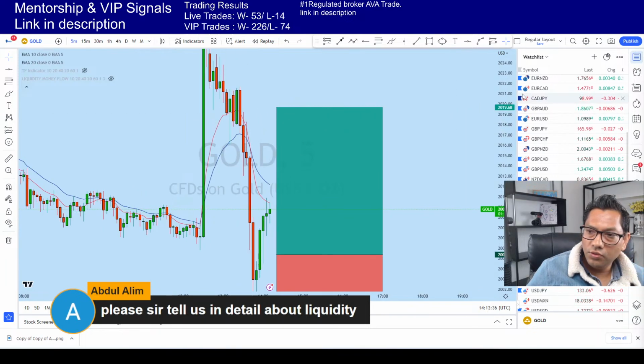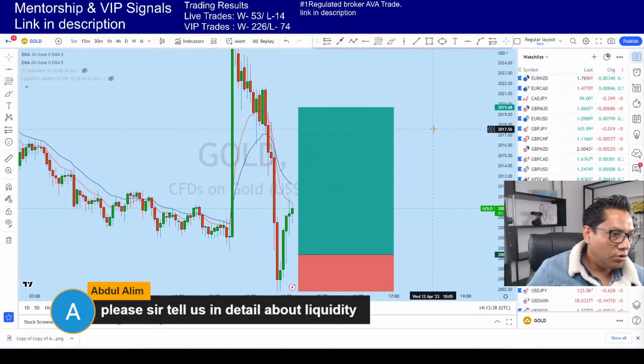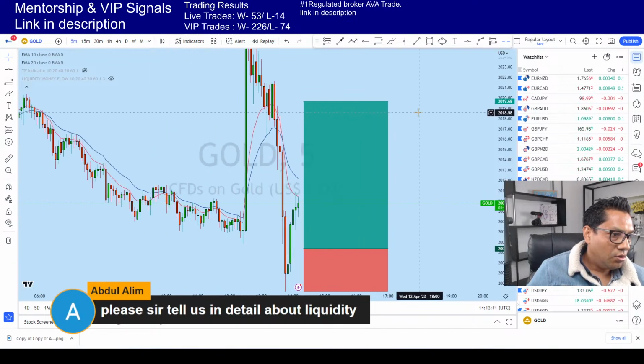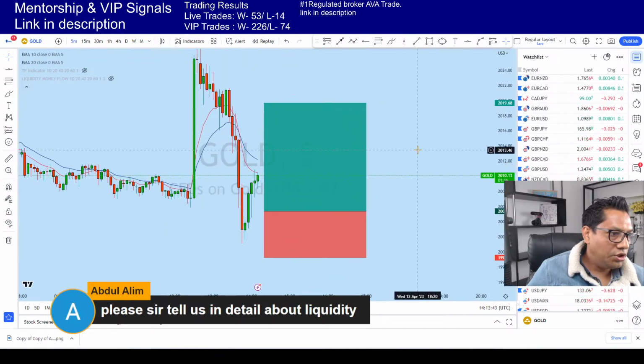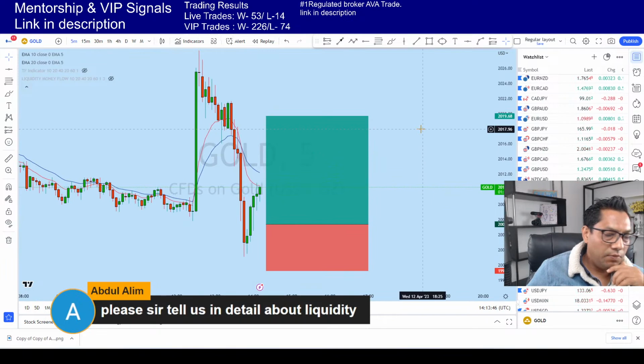Okay, so far what you see on gold is a double doji, a smaller green candle, which is still a bullish move, still bullish price action.